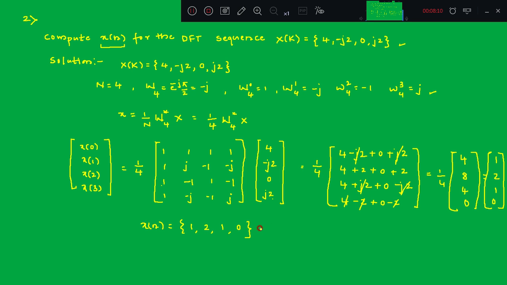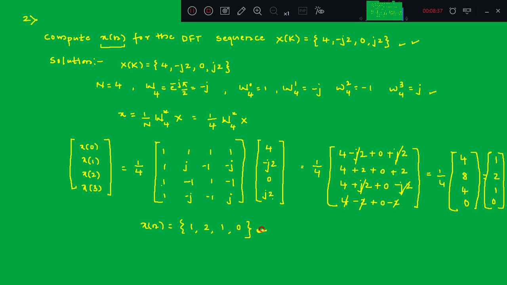In the previous example, we chose x of n equal to 1, 2, 1, 0 and got the DFT sequence x of k equal to 4 minus j2, 0, j2, and in this one, we chose the same sequence as x of k, and computed the input sequence x of n using the IDFT matrix relation. Finally we got x of n is equal to 1, 2, 1, 0.